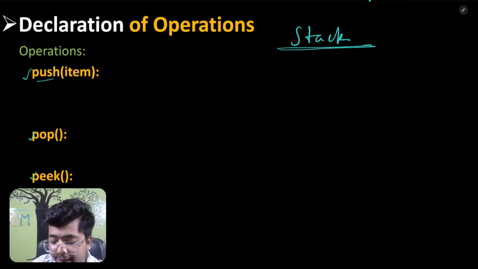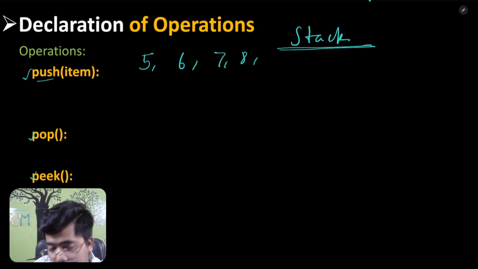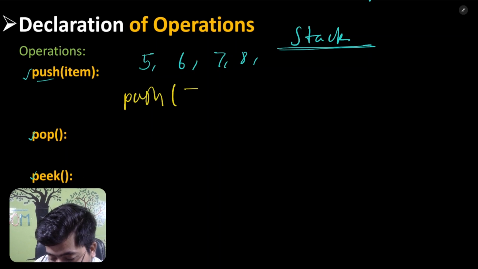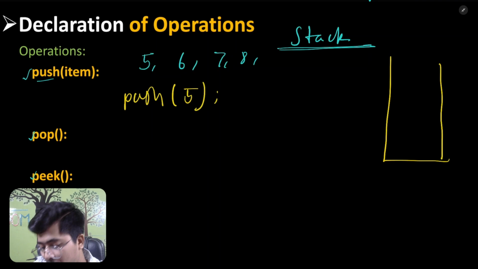Because if you perform any operation here, push of item, we don't care about what data or what functions are involved. Let's say we want to store 5, 6, 7, 8 and so on. We will just perform the actions, push of 5. So this is a stack, and once we call push of 5, this 5 will go inside and get stored here.